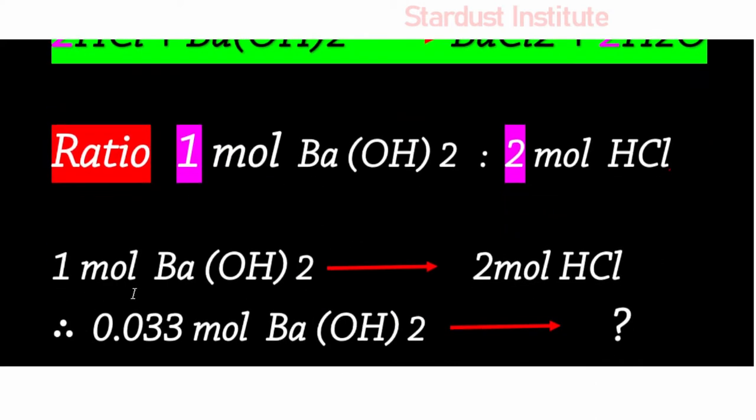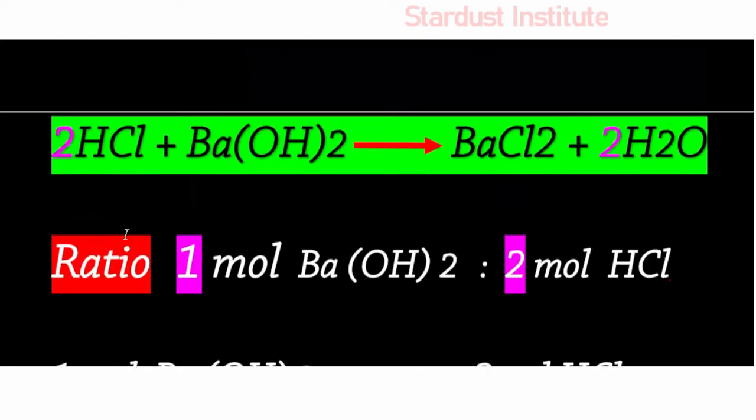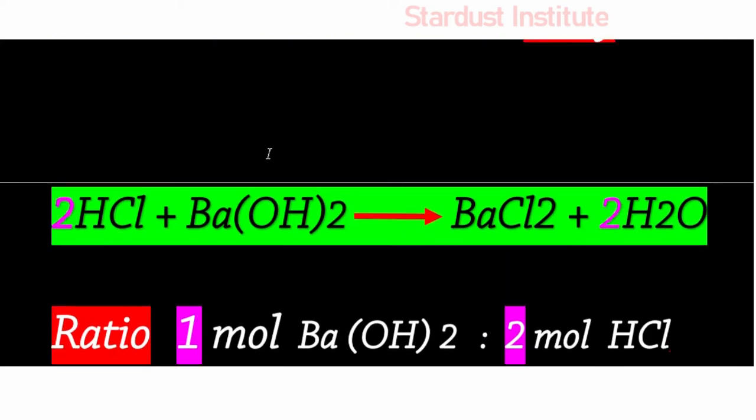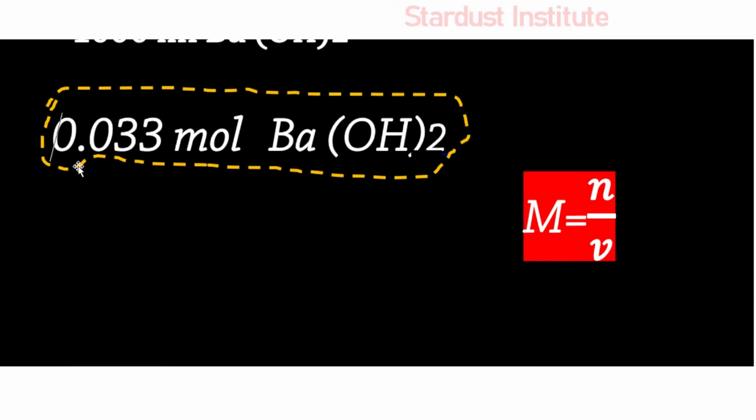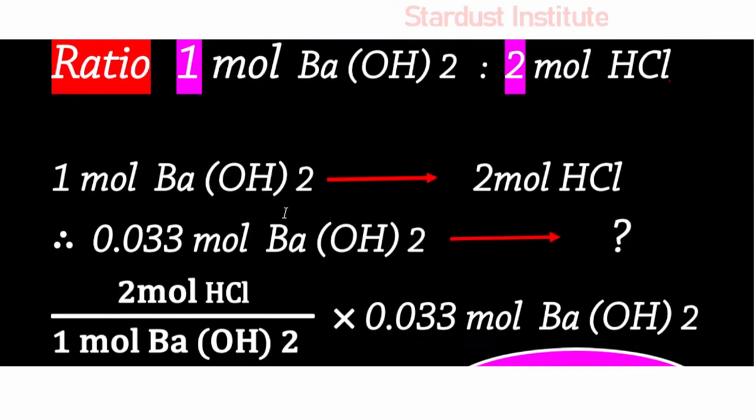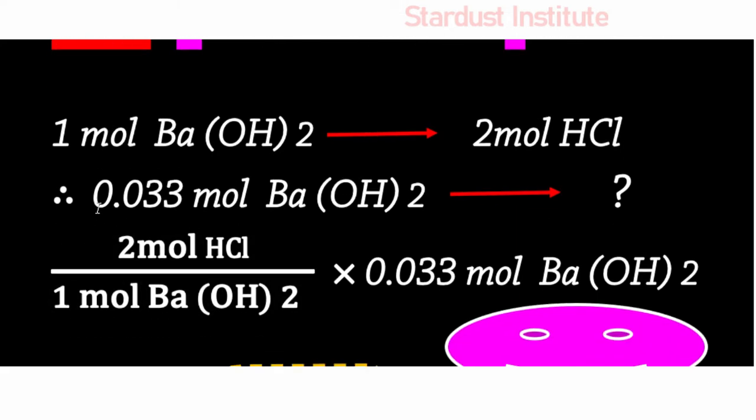Now we have 0.033 moles of barium hydroxide. Then to react with 0.033 moles of barium hydroxide, how many moles of HCl are required?